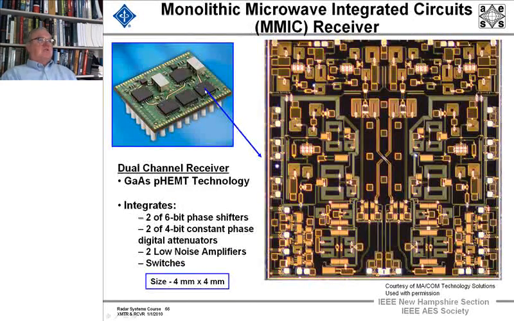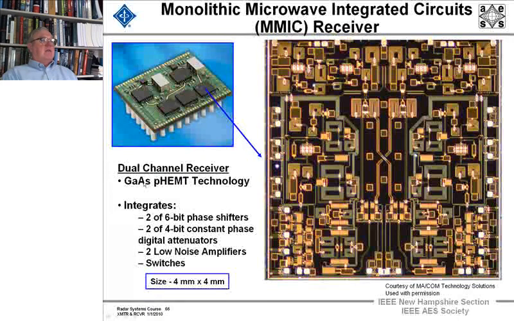Now, when we take just one of the subsystems in that transmit-receive module that M/A-COM developed, and I should say this is an M/A-COM product, what we see is a dual-channel receiver. One channel here and one channel here.